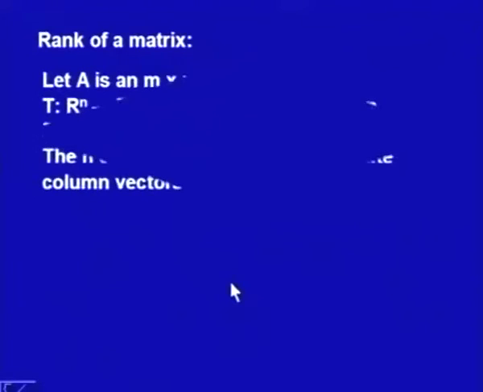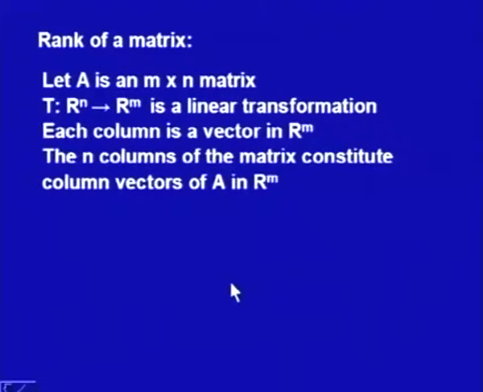Now, I will try to define the rank of a matrix in a slightly different manner, in the same way as we have done for linear transformation. So, I want to relate the two concepts. Let us have a matrix A, which is an m by n matrix, and let us have a linear transformation T from Rn into Rm. Each column is a vector in Rm.